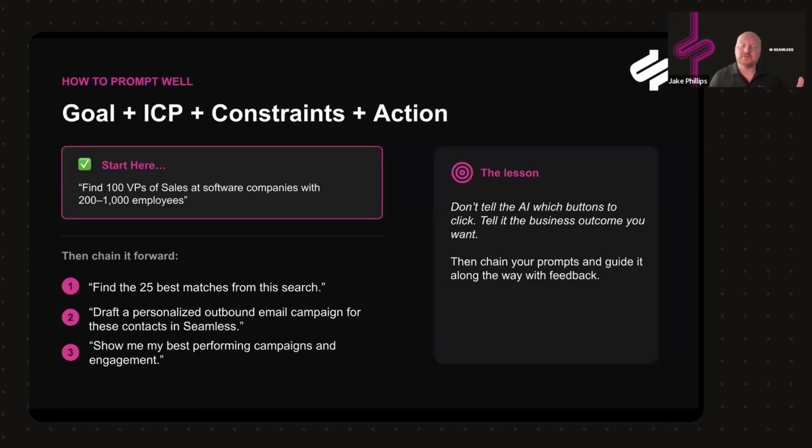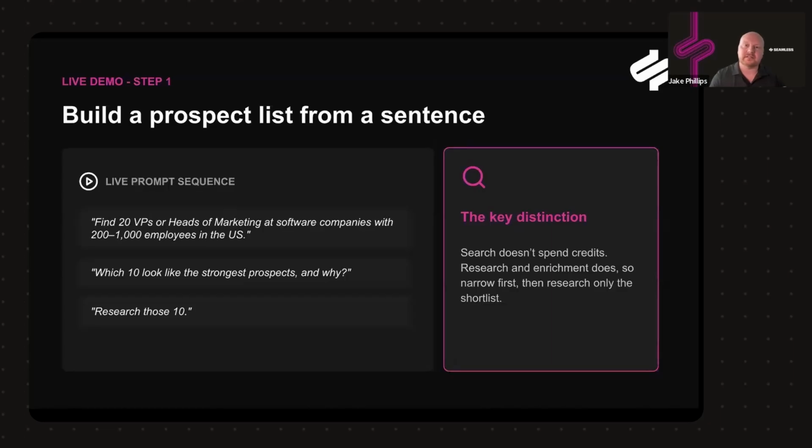And I will later in this webinar also show you how to chain together MCPs. So Seamless plus CRM, Salesforce, HubSpot, your email, your Slack, your Google Calendar, a lot of those types of things. So this unlocks a lot of workflow enhancements within Seamless.